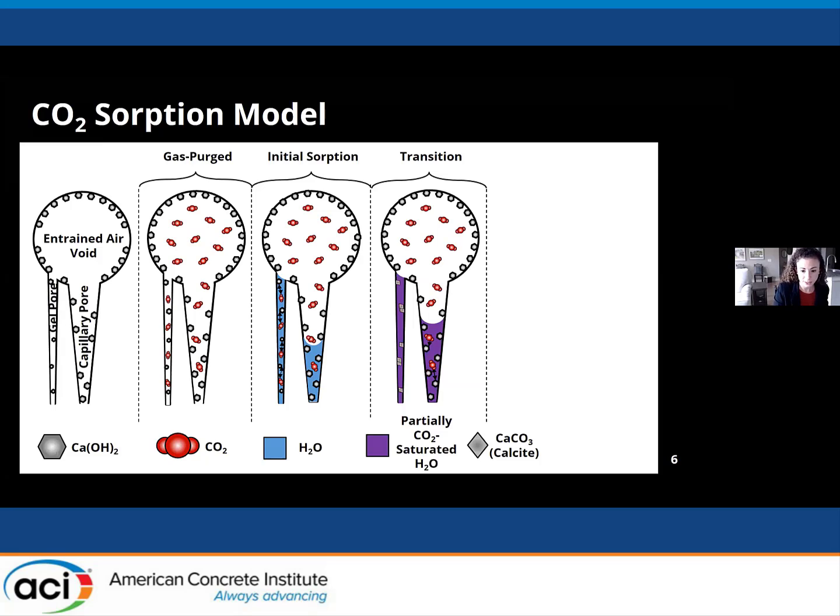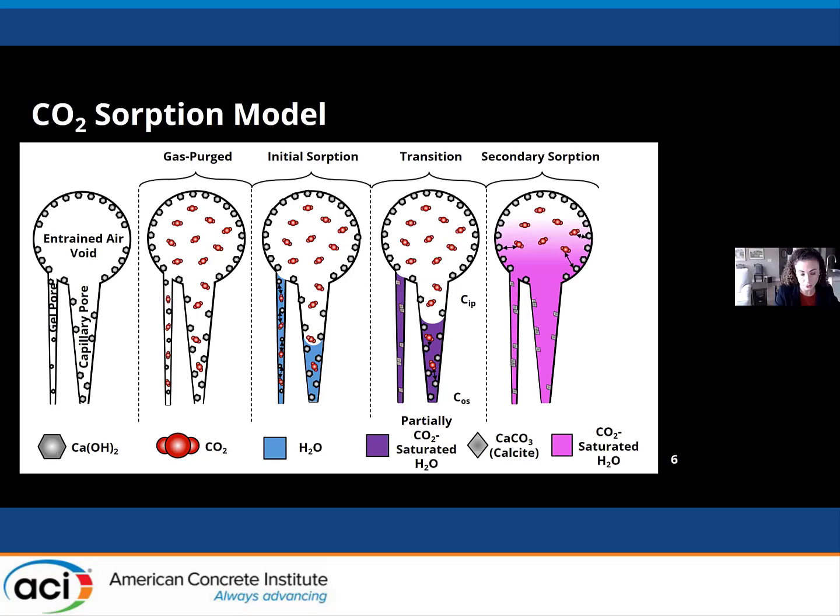Therefore we reach this impasse where there's a transition from the outer saturated pore into the inner pore. That's happening and might explain that nonlinear behavior. And then secondary sorption occurs. We're looking into this some more, but that was one takeaway from this research.